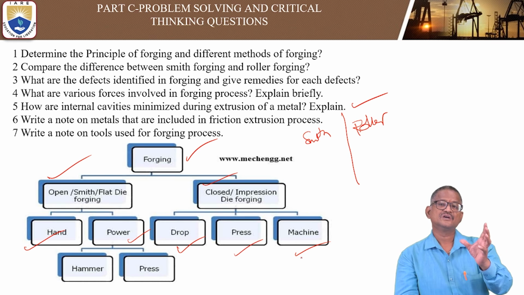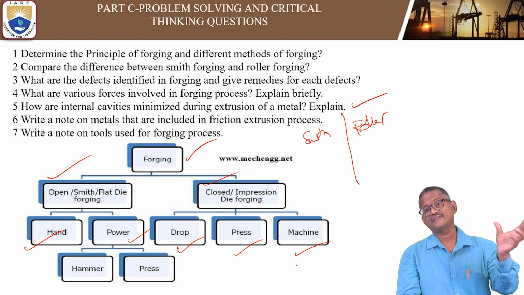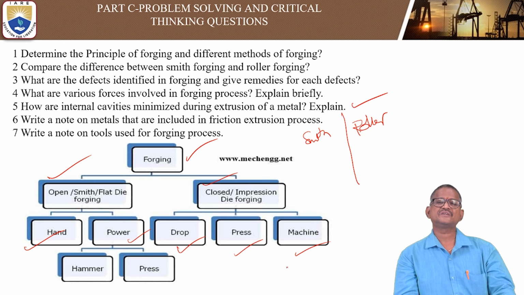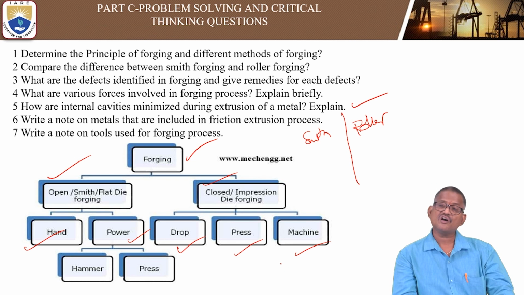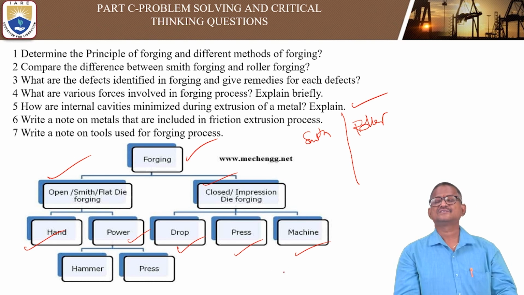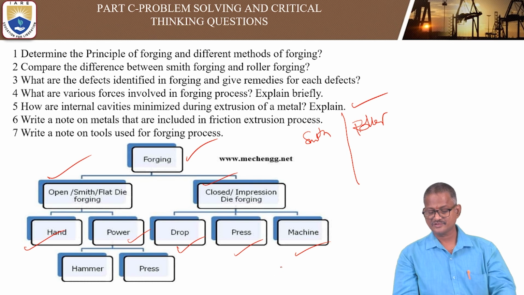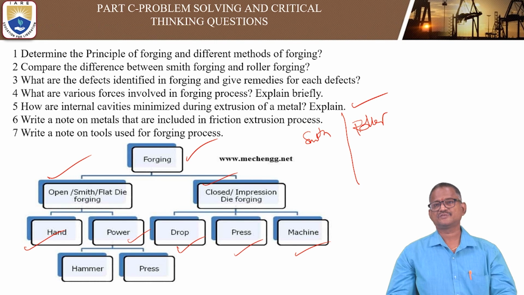Machine forging uses high tonnage capacity machines to handle the heated metal, with capacity from 10 to 100 tons and even 1000 tons. But the machine cost is very high, so it is used only for mass production.